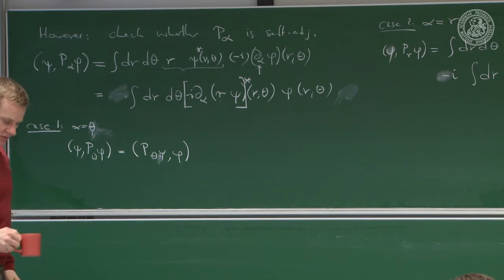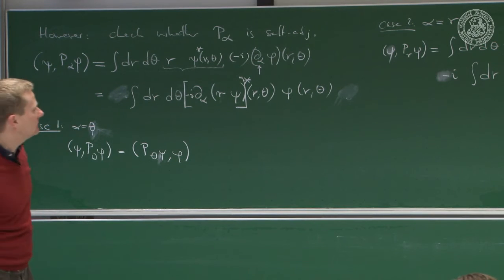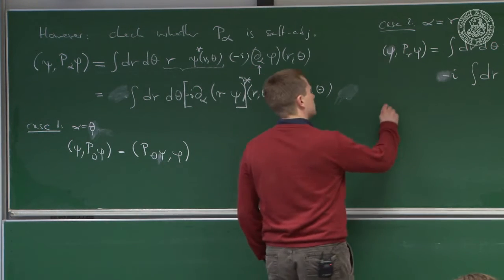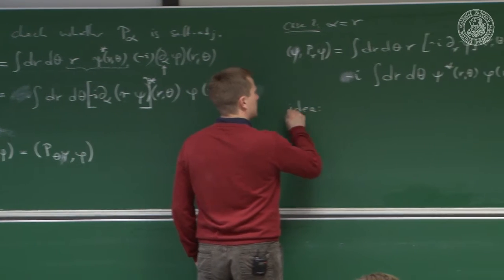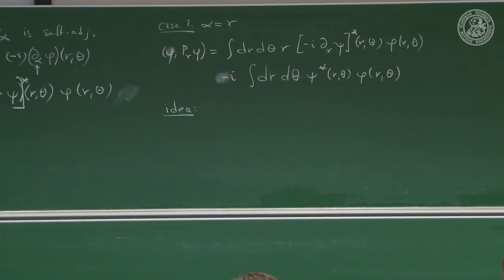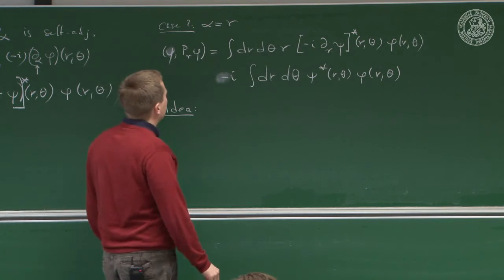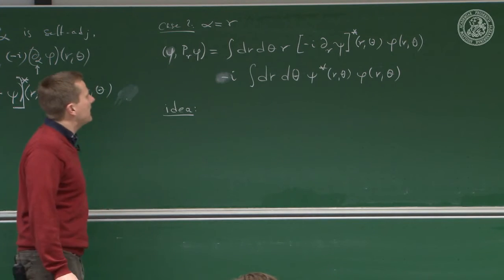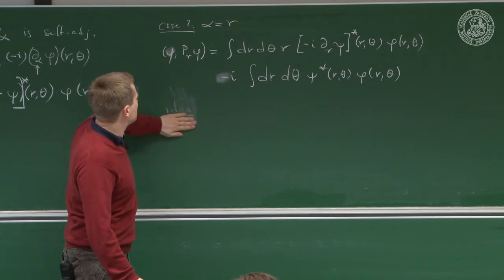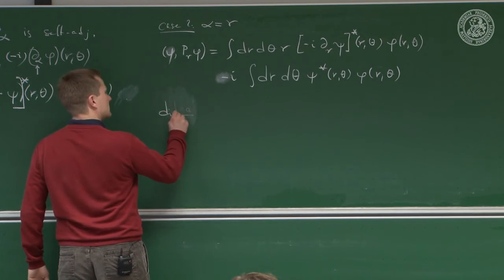Okay, so the idea one might have here at this point, and it's nothing more than an idea, is to say, well, hang on, these partial derivatives acting on this function phi. Well, why might we give up? So discouraging.